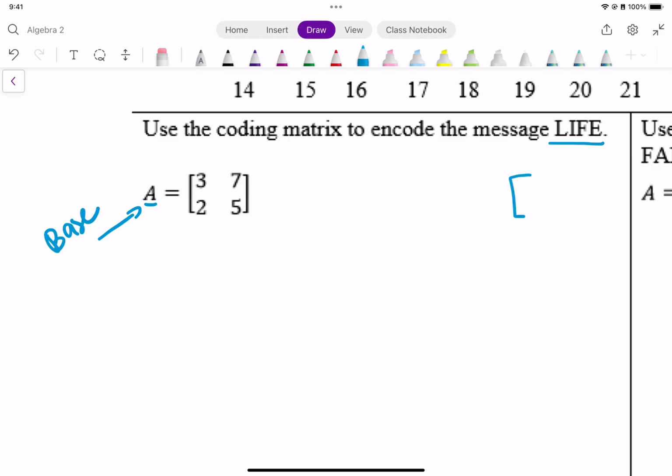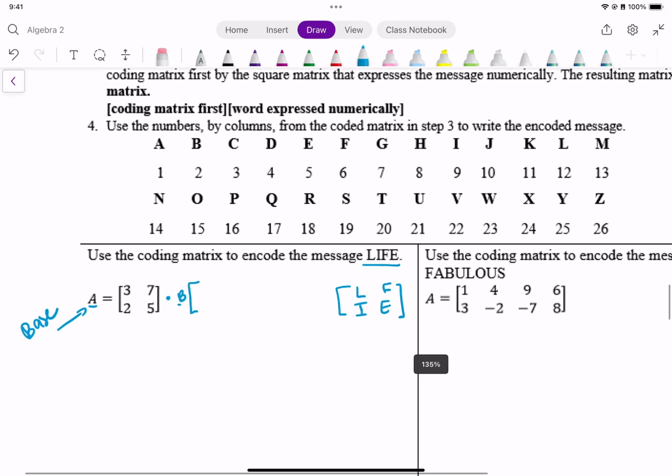Now the way that this works is we're going to be writing the word down. So we're going to start with L, then I, then we go back up, F, and E. Okay, so what we're doing is using the base, and we're going to multiply that by the word, which in this case is going to be our matrix B. Okay, so let's look for the letters.